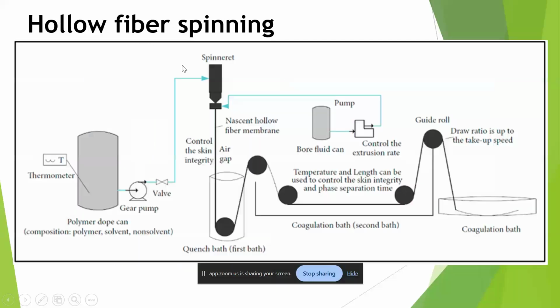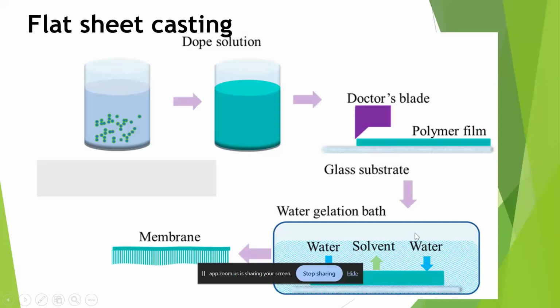This is the hollow fiber spinning machine schematic, where we are using a spinneret in order to spin the fiber. From a tank the polymer solution dope is taken, and this spinneret is nothing but an extruding part, where it is extruded and directly enters a non-solvent bath, just similar to the non-solvent bath where we are dipping the glass substrate.